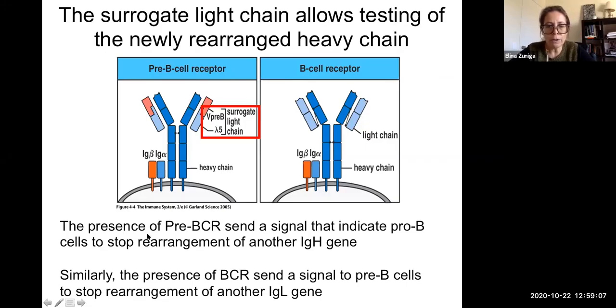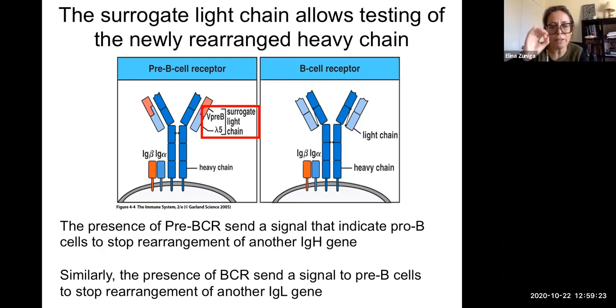So now remember that for each of the loci of light chain and heavy chain, we have two copies, right? One in each chromosome.